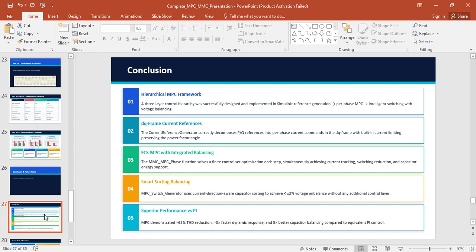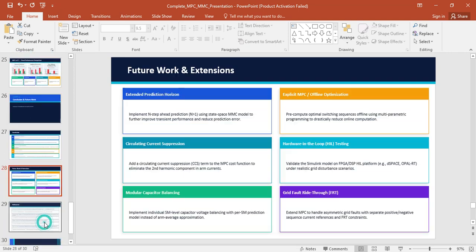Smart sorting balancing based on the MPC was presented. Less than 2% voltage imbalance was obtained in the MPC, and it was shown that the MPC is superior: less THD, 3 times faster dynamic response, 5 times better capacitor voltage balancing compared to the PI controller.